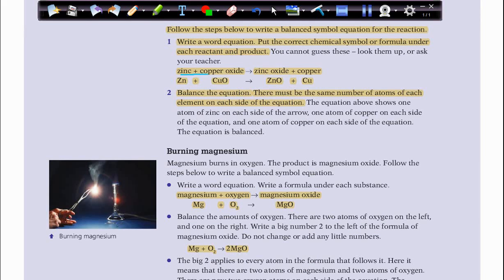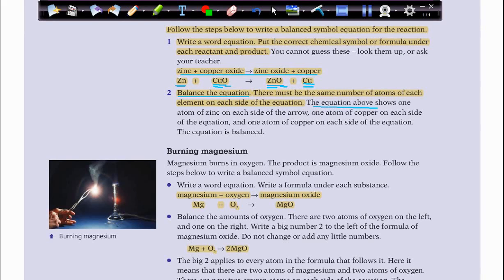Zinc plus copper oxide gives us zinc oxide plus copper. Zn plus CuO, which is copper oxide, gives us ZnO, which is zinc oxide, plus Cu, copper. Second step, I need to balance the equation. If we take a closer look at this equation, we find the same amount on both sides: 1 Zn, 1 Zn, 1 Cu, 1 Cu, 1 O, 1 O. So it's balanced.